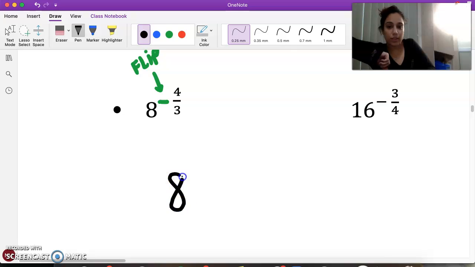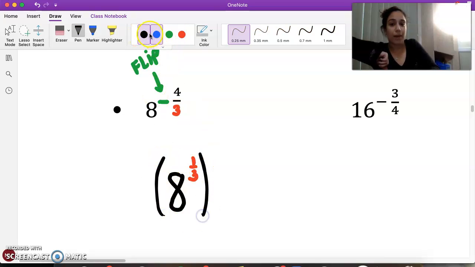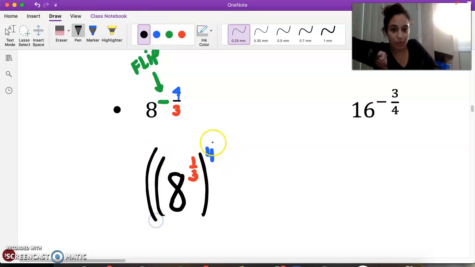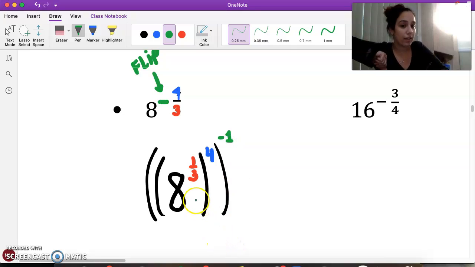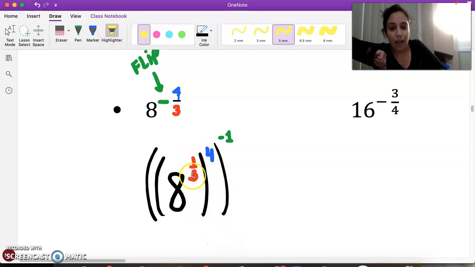We're going to stick to our same base. We're going to raise it to what root? 3, so 1/3. Then what is my power? My power is 4. So I'm going to raise it to the 4th power. And then we have a third one, and it is going to be my flip, which is just -1. If you multiply all of these together, you should get -4/3.